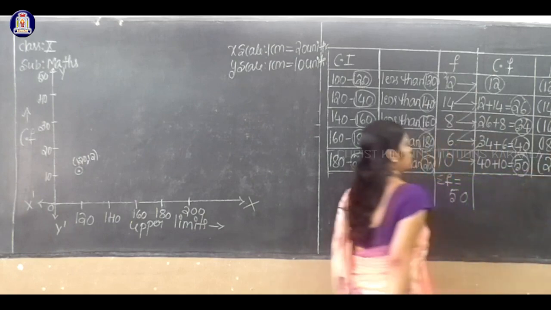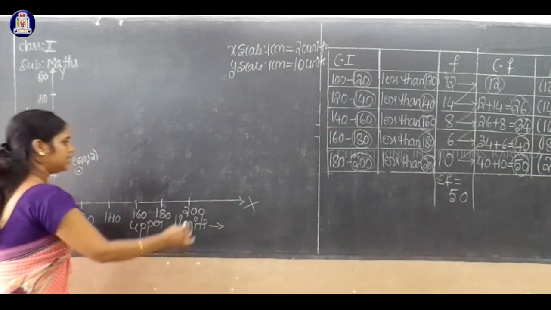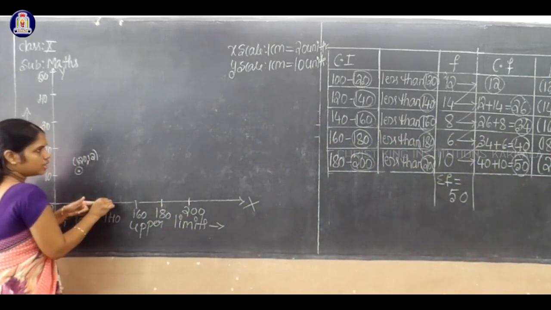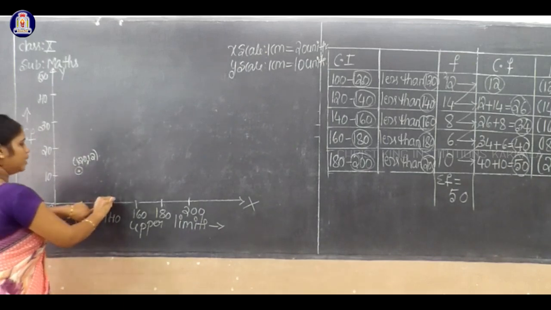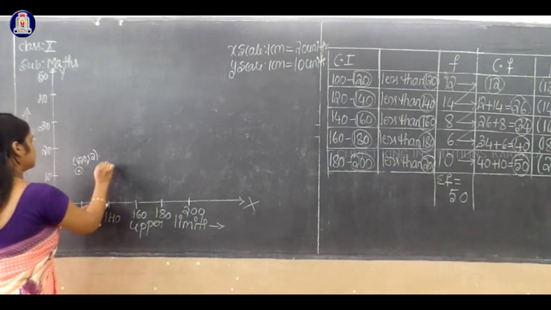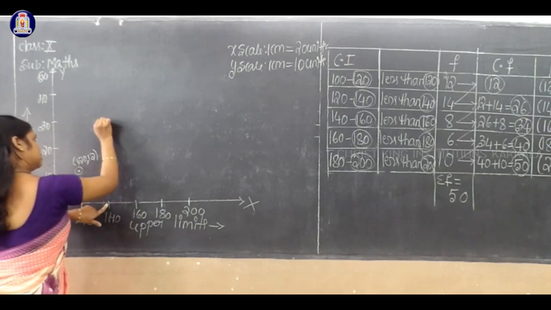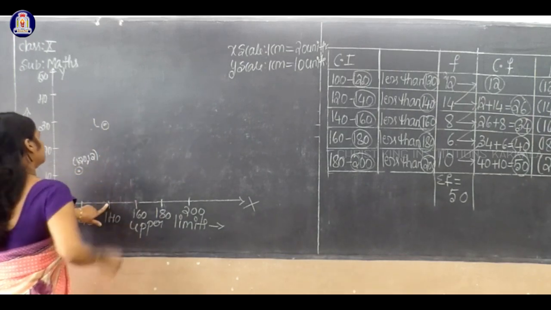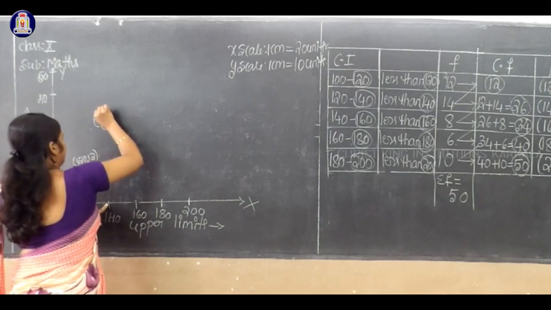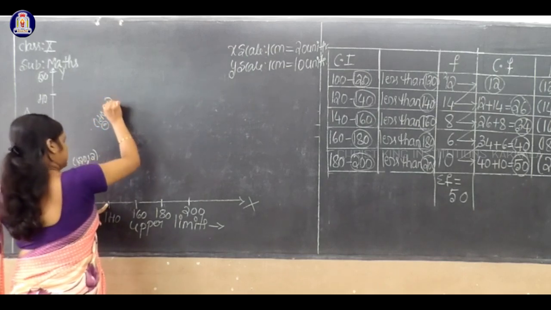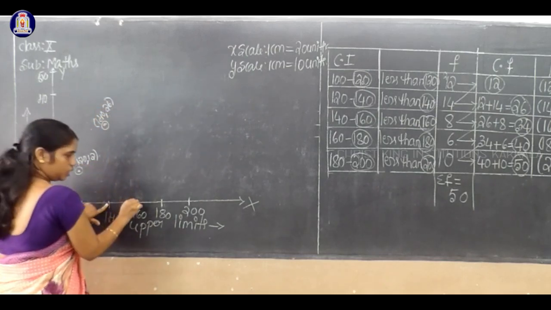Next, second point, 140, 26. Your x coordinate is 140 and y coordinate is 26. So 26 means somewhere here it will come, one dot, circle. What is that point? 140, 26. Next, third point.